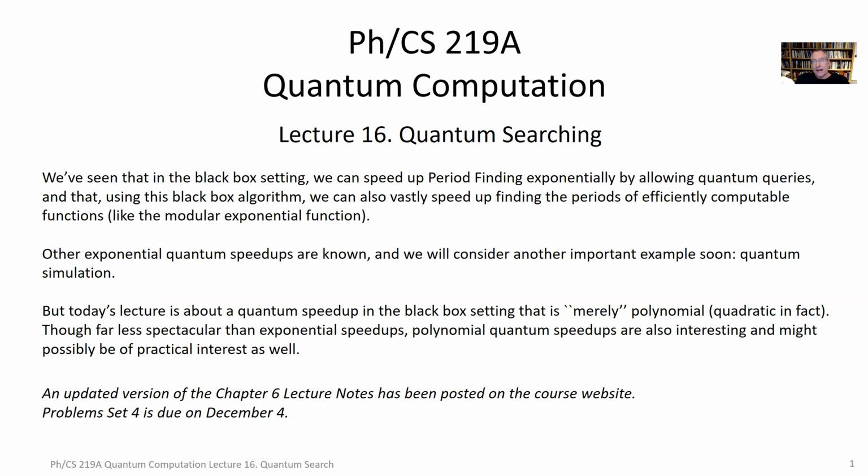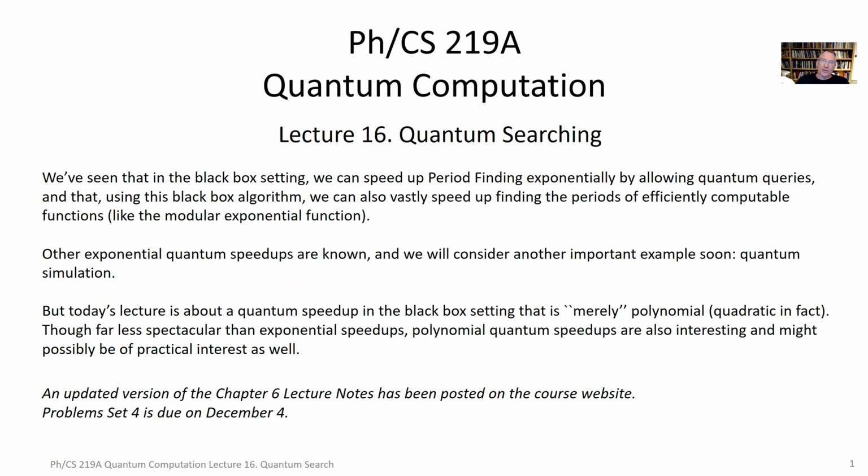And that algorithm is useful in practice because we can use it to compute efficiently the period of any function that we can compute efficiently. If we can compute the function, then we can determine its period, even if the period is exponentially long. And that was the key to the factoring algorithm.